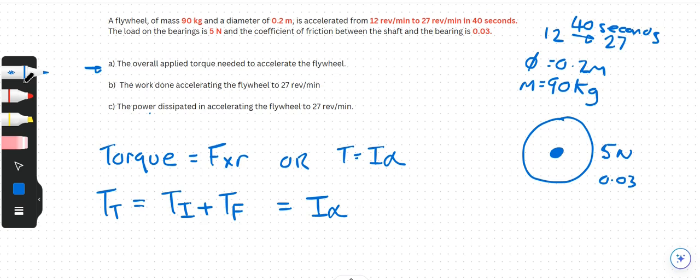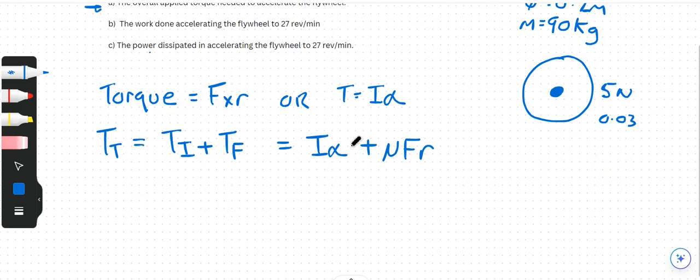And then the torque to overcome friction uses the coefficient of friction, the force on the bearings, times the radius, R, which just means the radius of the flywheel.